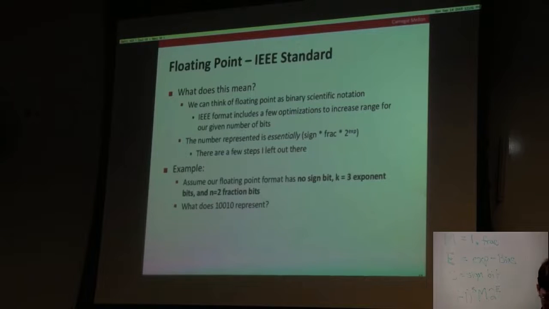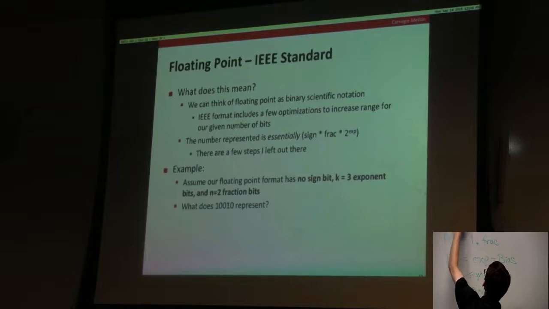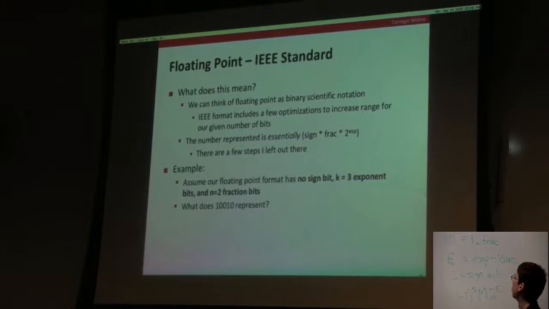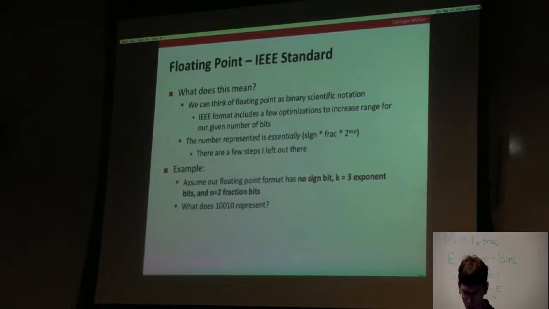So what is this bias? The bias is going to be 2 to the k minus 1, minus 1, where k is the number of exponent bits we have. Let's work out what that particular number represents. We've got 1, 0, 0, 1, 0, and I said that k equals 3, so 3 exponent bits, 2 fraction bits.